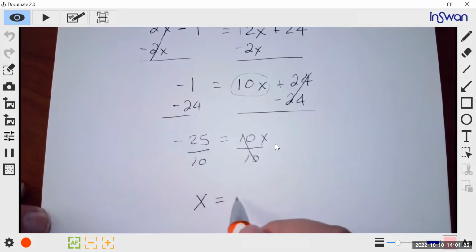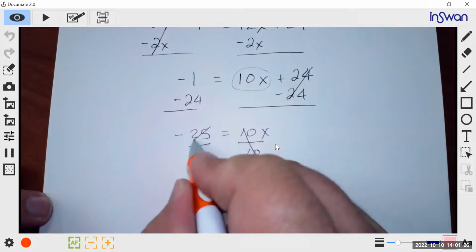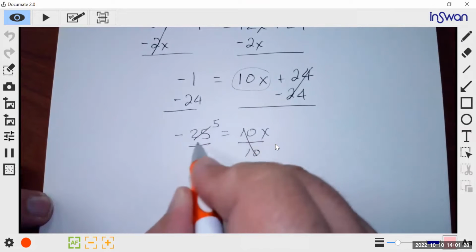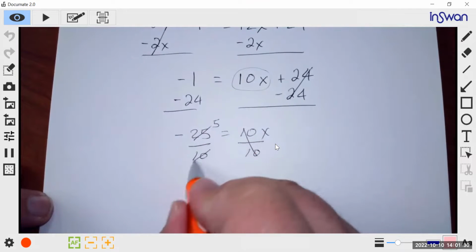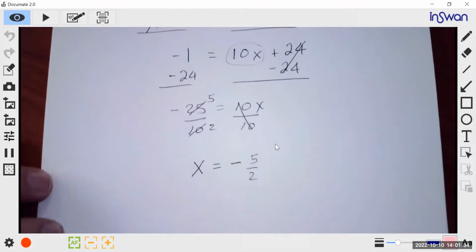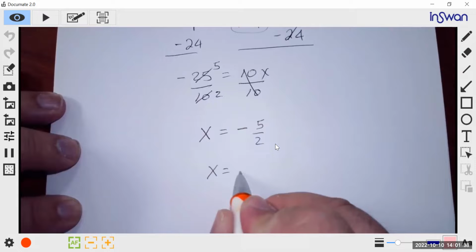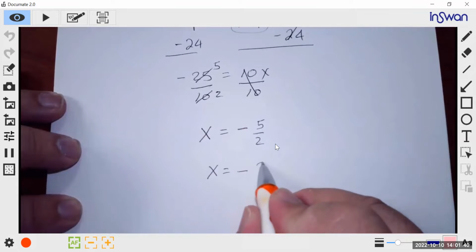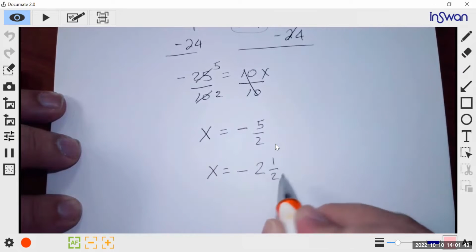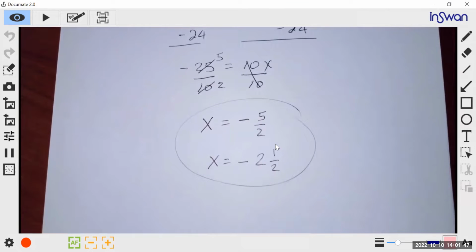Only one negative, so the answer is negative. They both have a 5 in common. 5 goes into 25 5 times. 5 goes into 10 twice. Two goes into 5 twice with 1 left over. It all depends on how it wants it, so both of those are the answer.